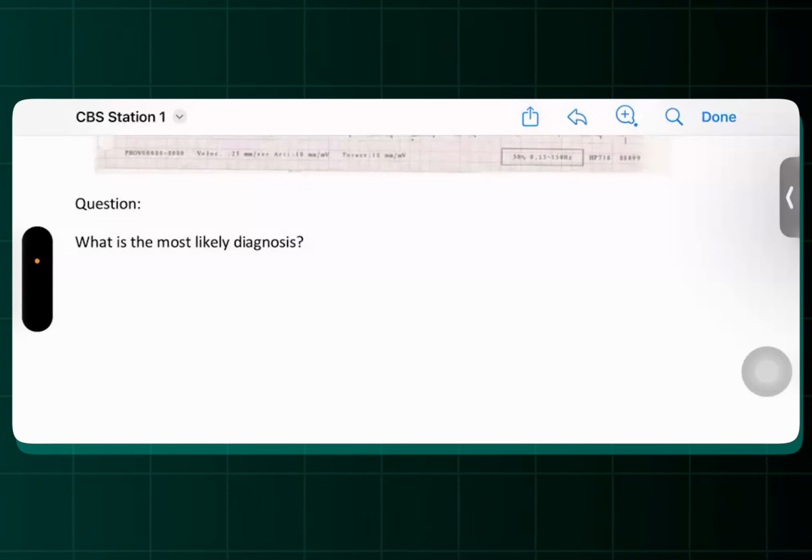So the first step that you have to do is load them up with aspirin and another antiplatelet agent. The word is loading.